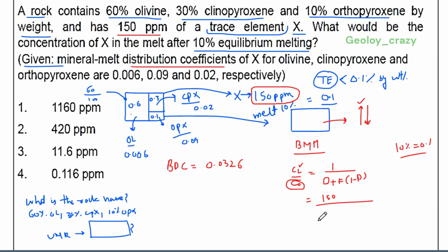D is what we just calculated, the distribution coefficient, 0.0326, plus 0.10, I'm writing the 0 also so that you will not get confused, 0.1, into 1 minus D, this number 0.0326.